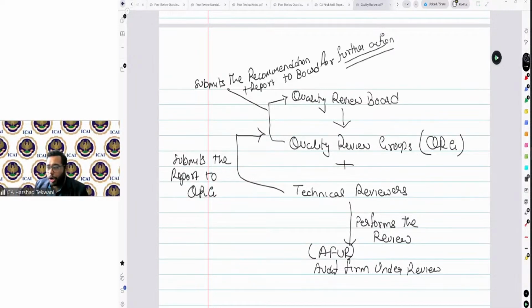But when I talk about the quality review board, once a report is submitted to the quality review board, there are some further actions that the quality review board will take. Now these actions are very important. These actions differentiate the quality review from the peer review, and we'll come to that particular point.